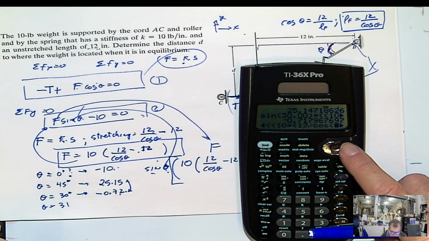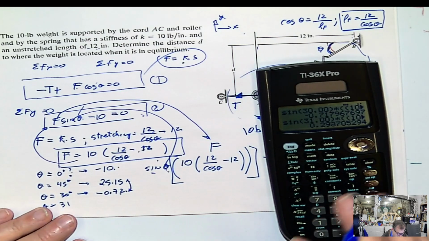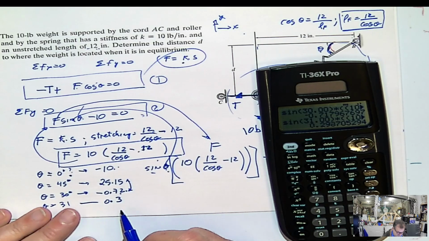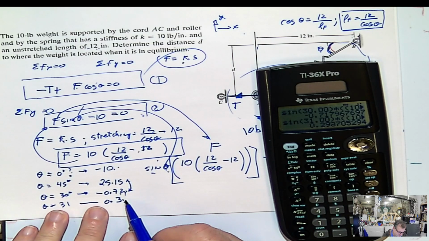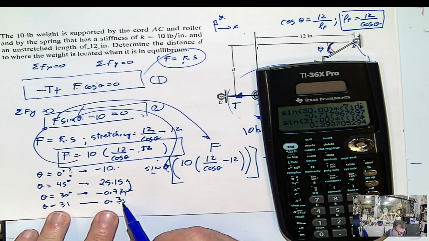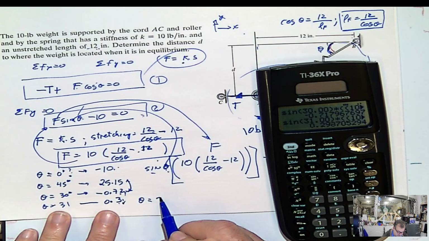So I'm going here and I'm going to change now 31. And for 31, I got 0.3. That means that my value is between 0.3 and negative 0.72, but it's closer to this one, as you can see. So I'm going to try theta equals 30.7.